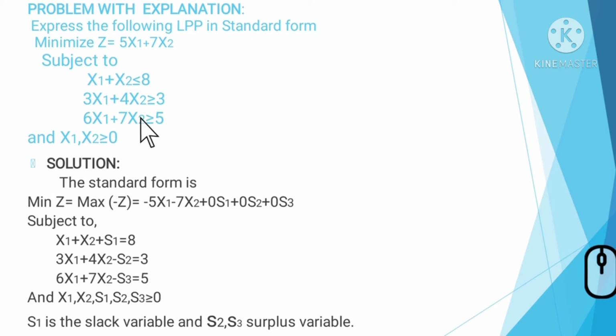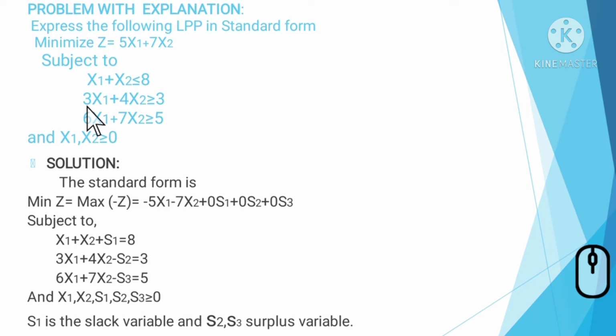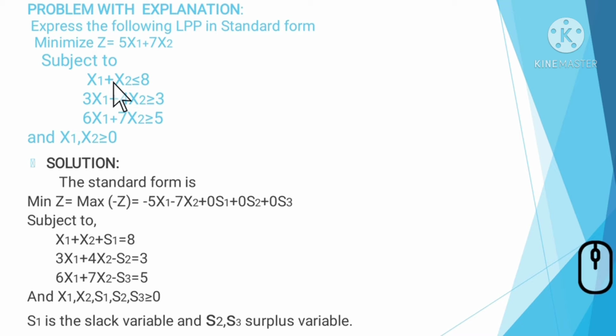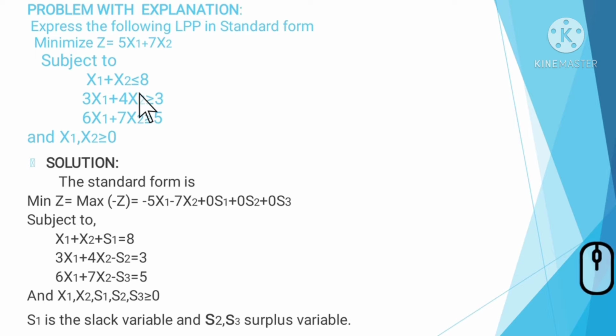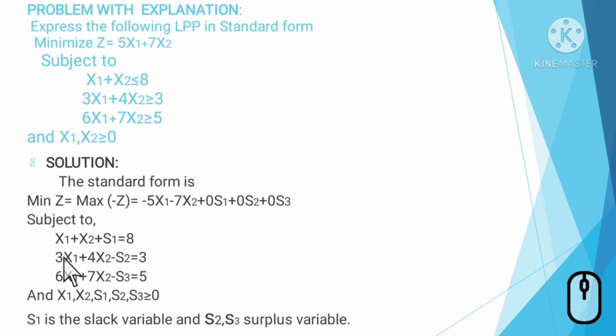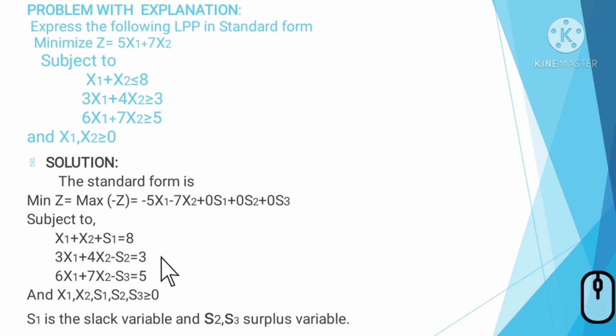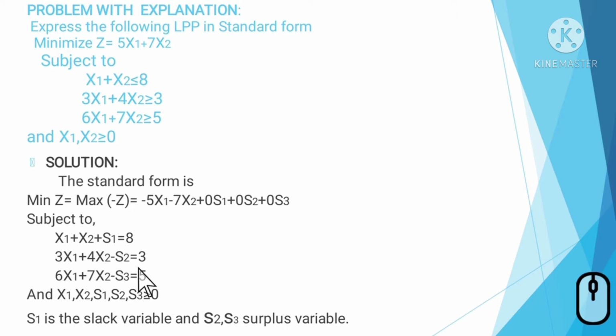The available resources are 3, but they have used more than the available resources. That implies the greater than. So what we have to do? We have to introduce the surplus variable. So 3x1 + 4x2 minus s2 = 3. This s2 is the surplus variable.